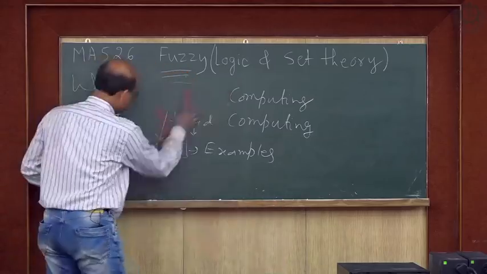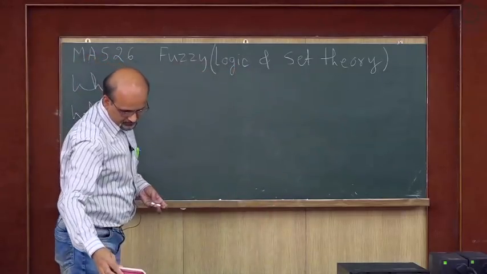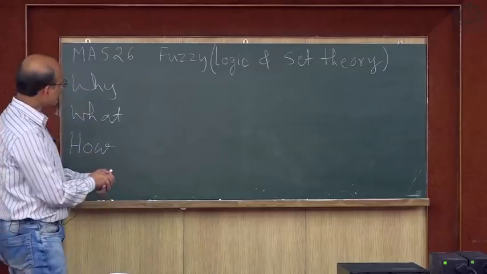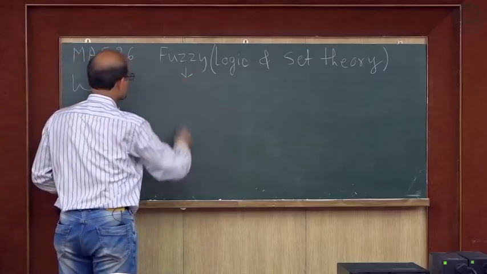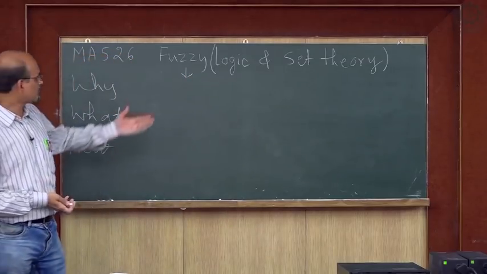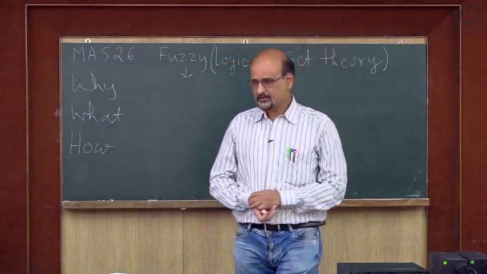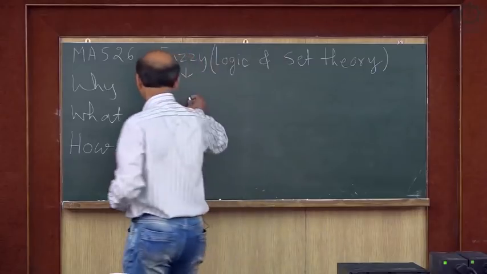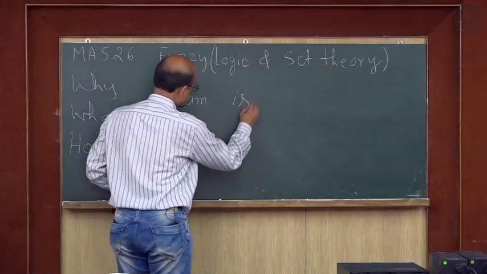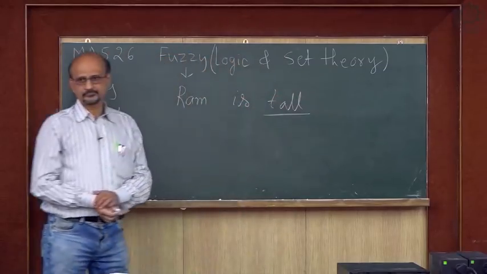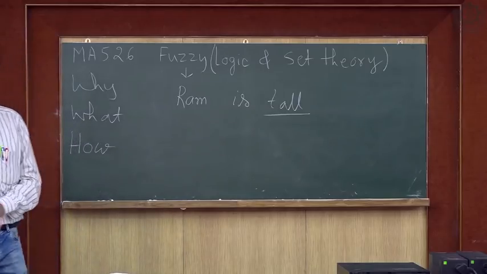So with this, now as I told, why this fuzzy? From here you got it, because you know what is set theory, set you know. Okay. Suppose I say that a person Ram is tall. Okay. Ram is tall.